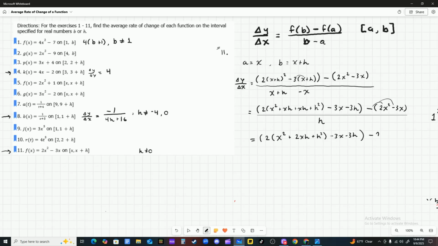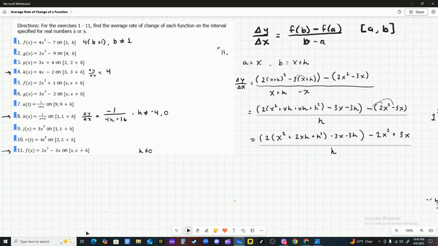So we have minus 2x squared plus 3x. Remember, a negative times a positive is a negative, and a negative times a negative is a positive. Okay? So I distribute it so I can drop the parentheses. Cool. All divided by h. All right?